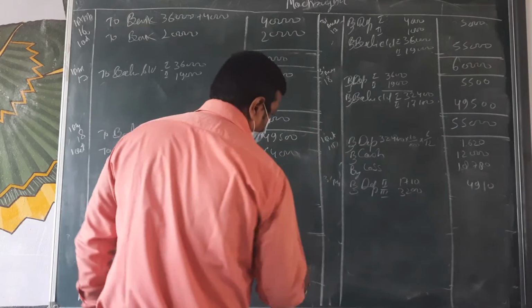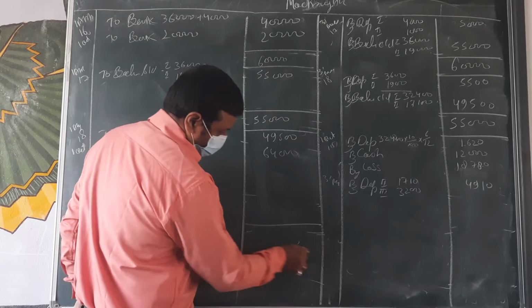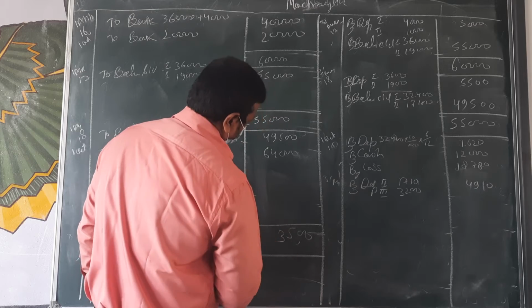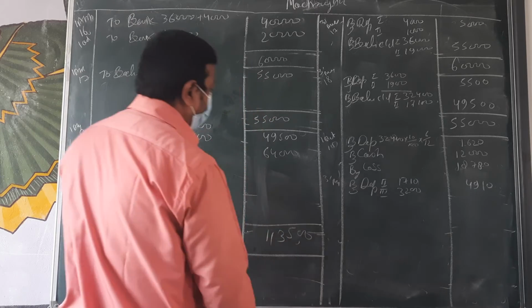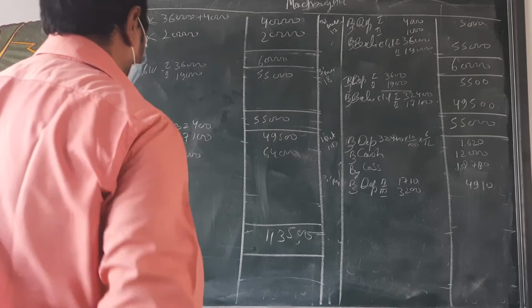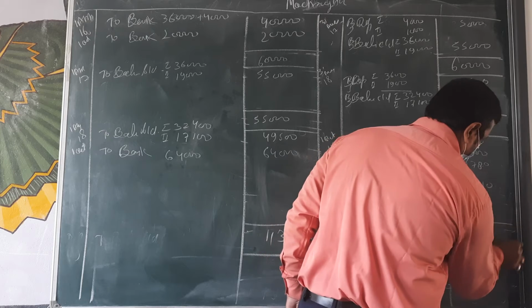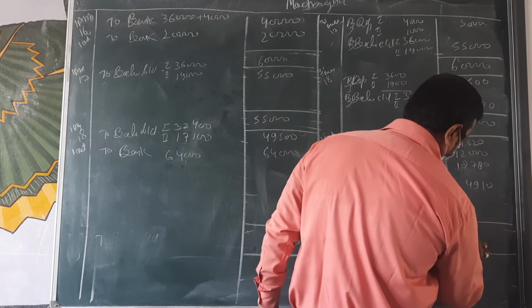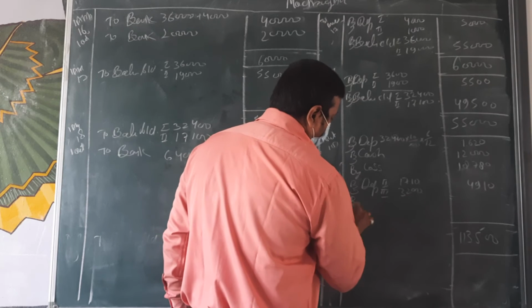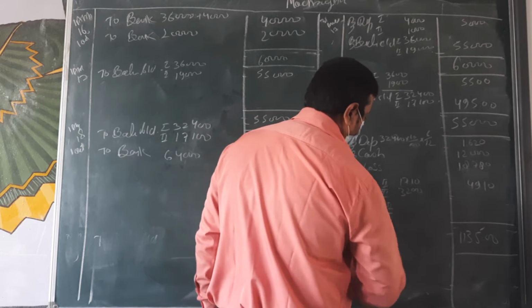Now go for balancing. This side 1,13,500 and this side again the same 1,13,500.